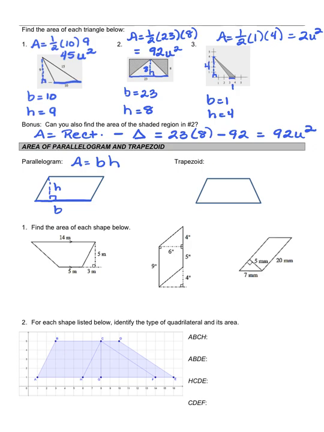In a trapezoid, the formula for the area is 1/2 the height times the sum of the bases. So again, remember those parallel sides are your two bases, and your height is measured perpendicularly between those two bases.